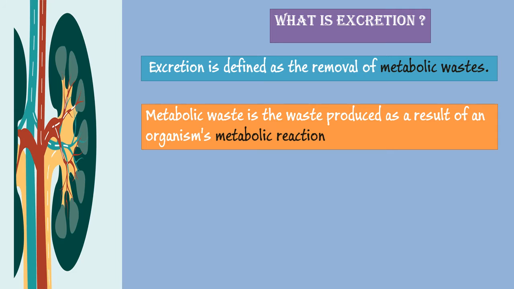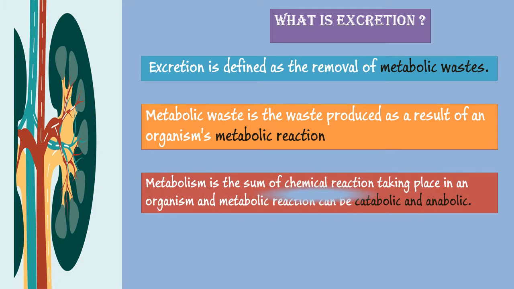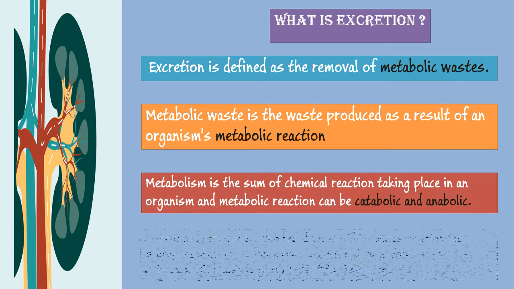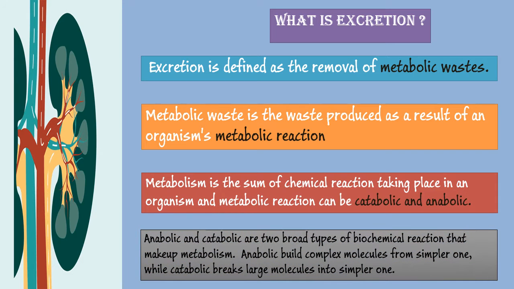So, what are metabolic reactions? Well, metabolic reactions are the sum of all the chemical reactions taking place in an organism. And metabolic reactions can be catabolic and anabolic. Now, what are anabolic and catabolic?